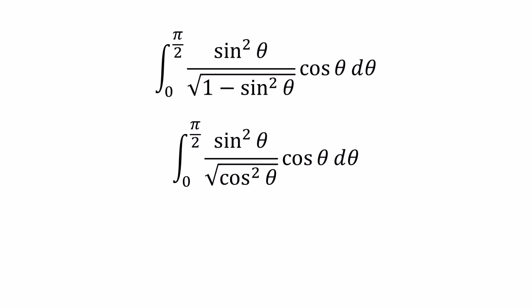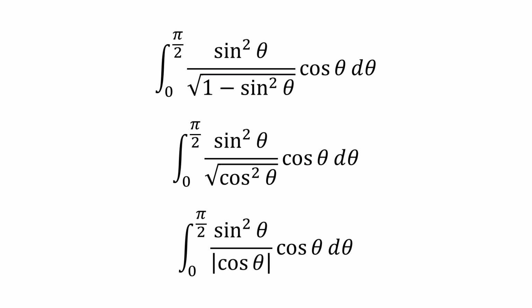Taking the square root then gives the integral from 0 to pi over 2 sine squared of theta over the absolute value of cosine of theta d theta.